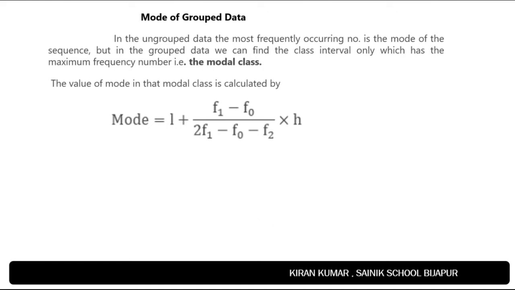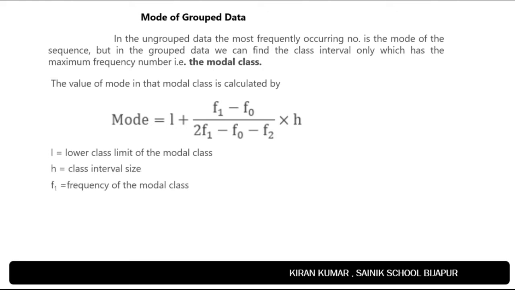where L is the lower class limit of the modal class, H is the class interval size, F1 is the frequency of the modal class, F0 is the frequency of the preceding class, and F2 is the frequency of the succeeding class. How do we identify the modal class?